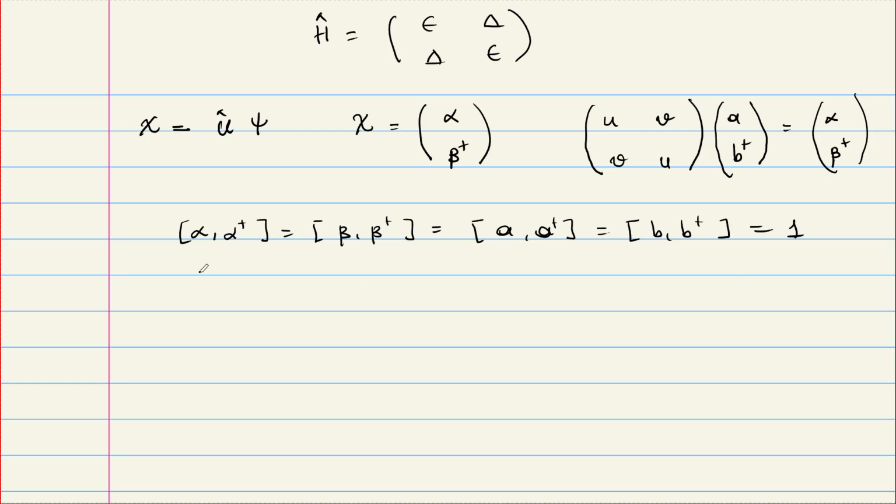And from here, for example, I can calculate this thing. So this thing, for example, alpha is what? This is u times a plus v times b dagger.